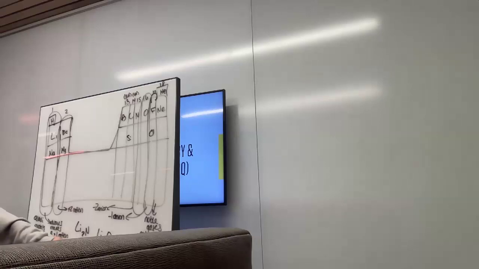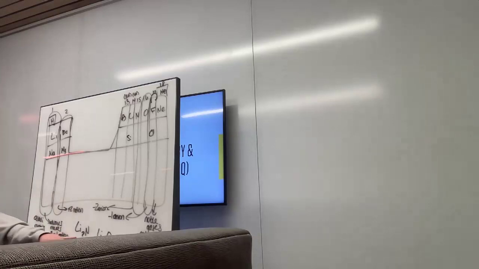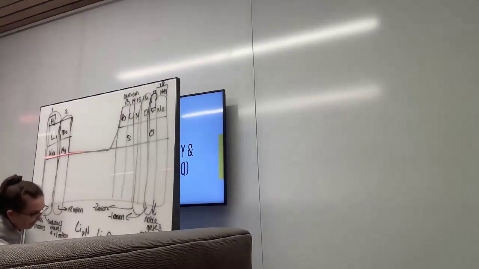We're trying to figure out how many lithiums we need in order to make this neutral. What is nitrogen's charge always going to be? -3. So how many lithiums do we need to balance out the nitrogen? We need 3 of them, so we need Li3N.